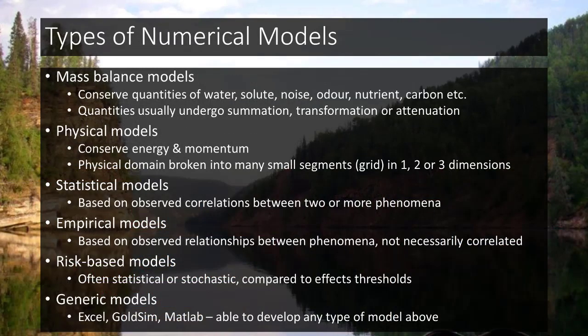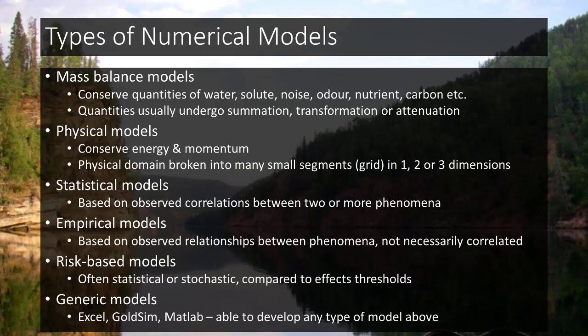Even within numerical models, there are a lot of different variations. Probably the most common are mass balance models, essentially conserving the mass of some substance through some unit of space. So if you think about an air quality model, there will be some stack emission or a fleet of mine trucks or whatever it is, something that's emitting contaminants into the air.